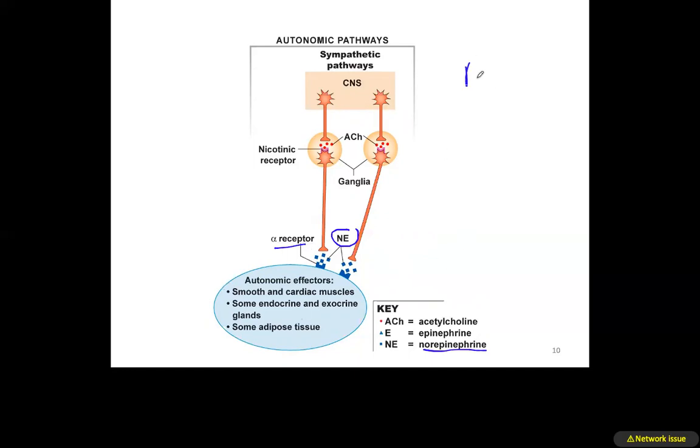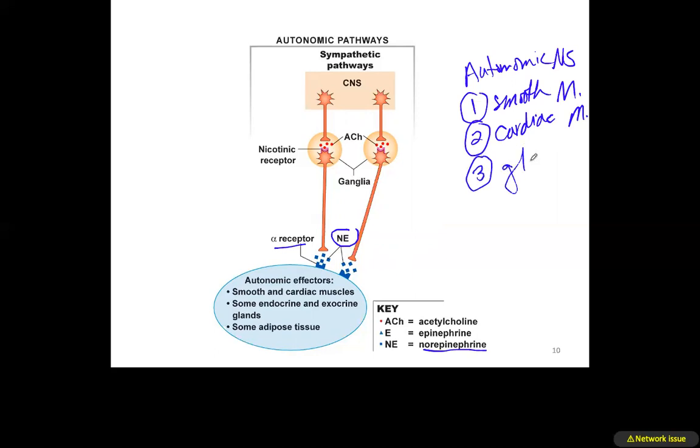You should already know, when we talk about the autonomic nervous system, the targets are either smooth muscle, your second option is cardiac muscle, and the third option would be your glands. Now again, we don't discuss every single one of these, but you will get an idea of some of the main targets and some of the main changes you will see when you're comparing the two branches.